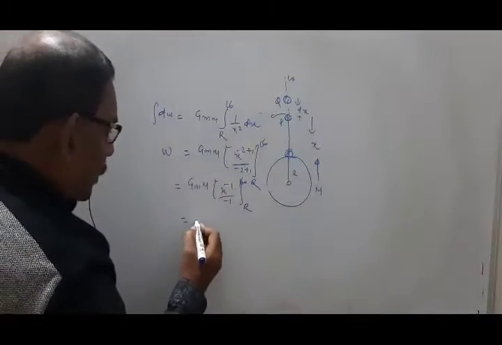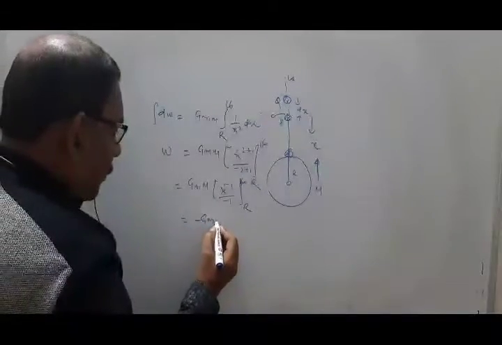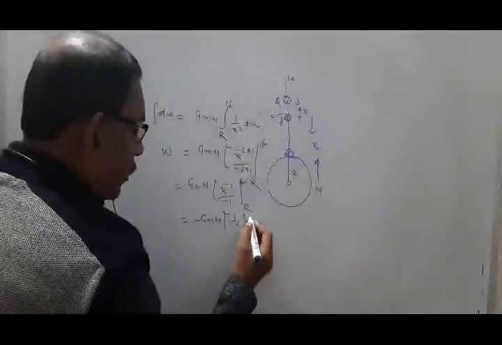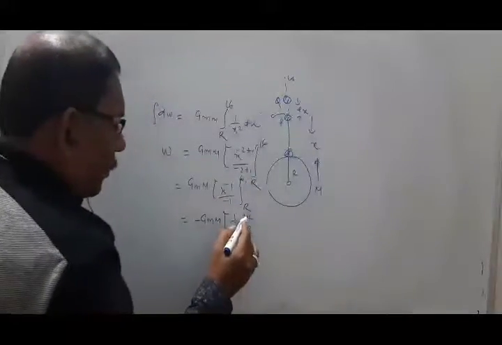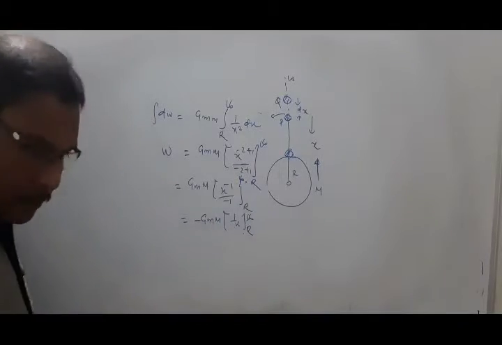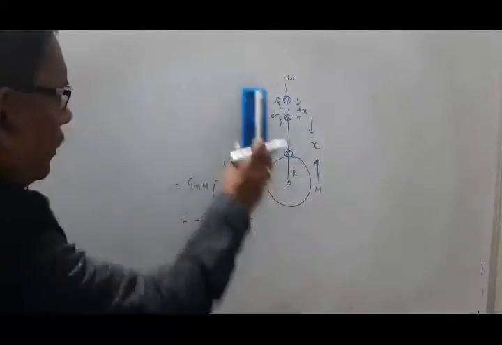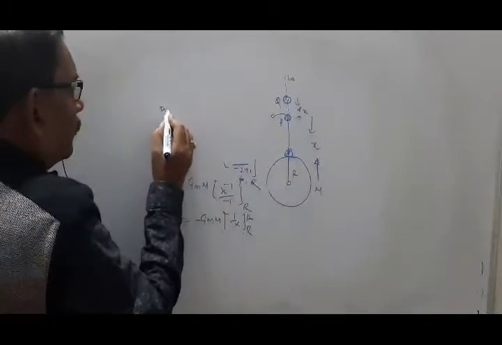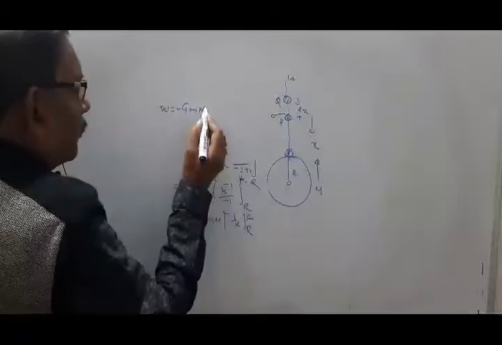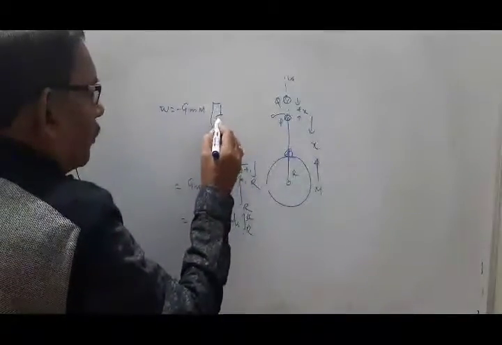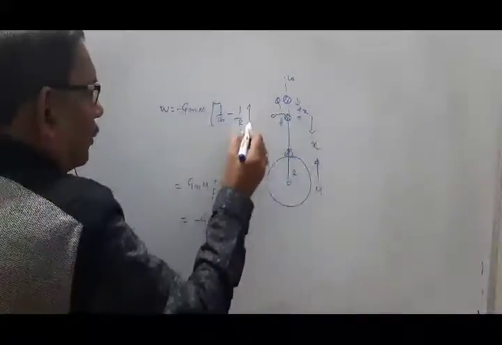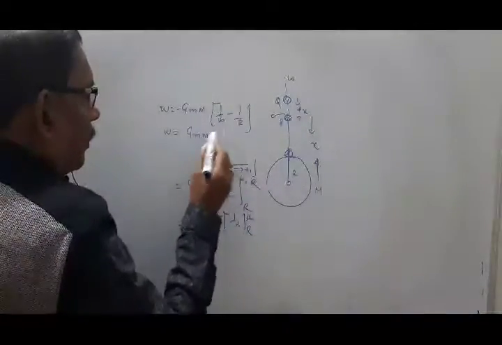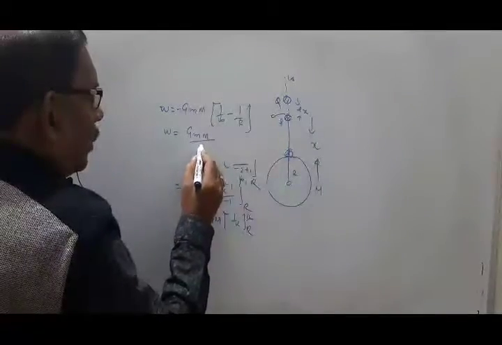It is −GMm [1/x] from R to infinity. Putting upper limit minus lower limit, the equation becomes 1/infinity minus 1/R. So W = GMm/R.